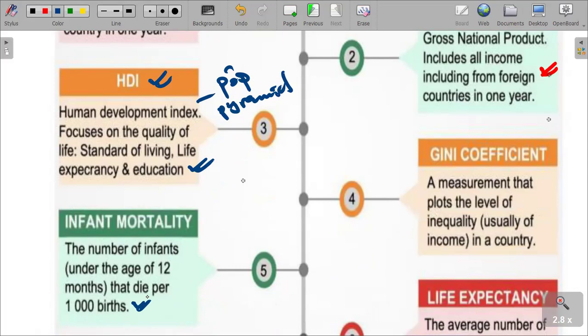A country with a high infant mortality rate has a greater number of children who are failing to reach adulthood, which serves as a crucial indicator of a nation's economic development. In other words, the infant mortality rate reflects the broader societal well-being and living conditions.